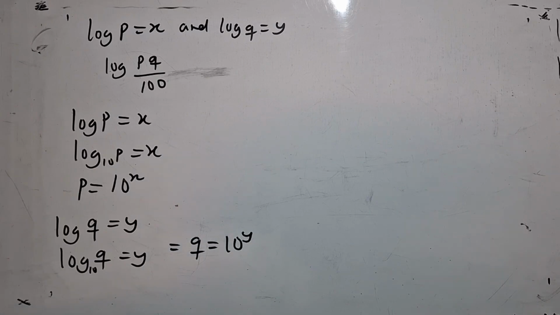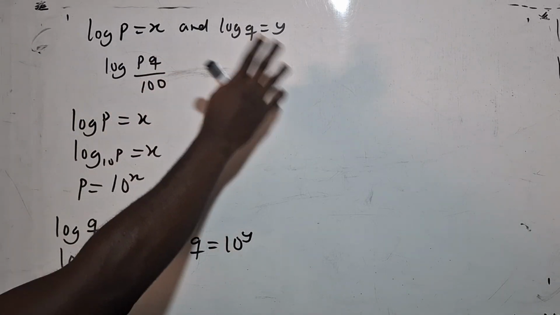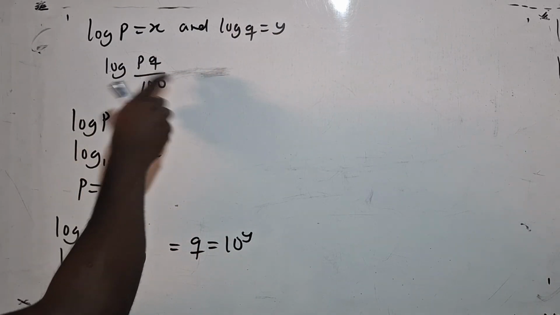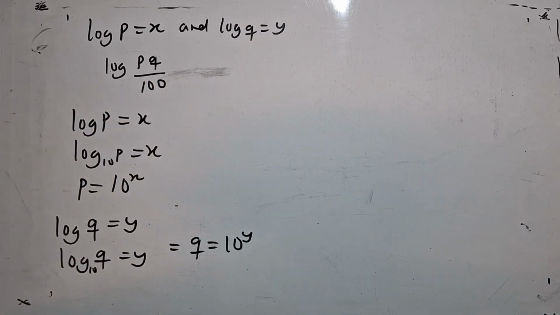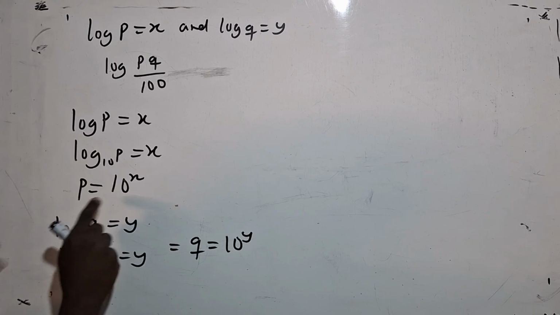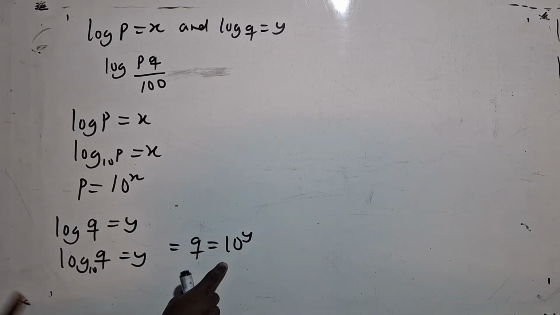Now follow closely. Log p is x, log q is y. So I have to express this in terms of x and y. And follow closely. Now p, I've gotten this. With q, I've also gotten this.